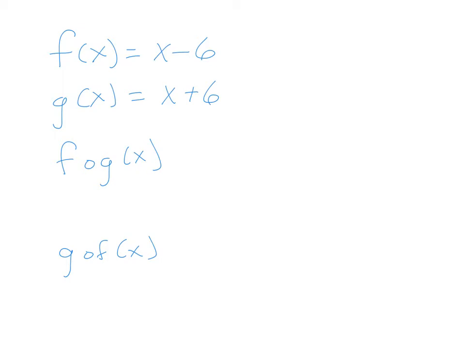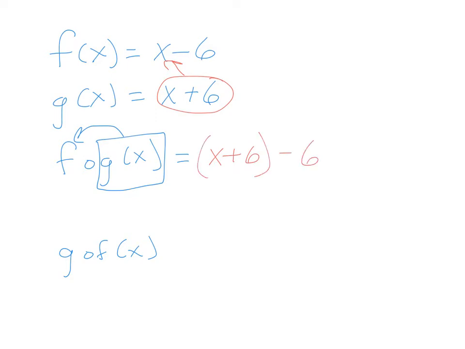A quick review of composition basically says that you take the inner function and put it into the outer function. So I'm going to write this g function replacing the x in the f function. So x plus 6, then minus 6. So now my parentheses really aren't doing anything, so I can just say x plus 6 minus 6, and therefore the answer is just x.